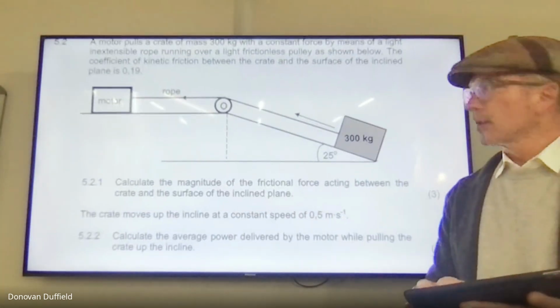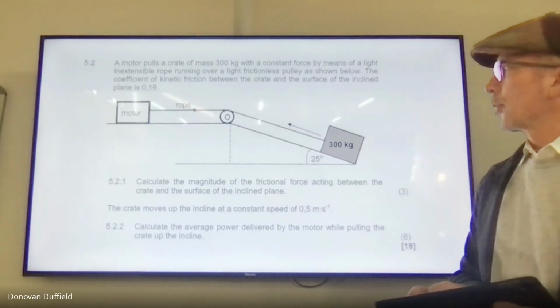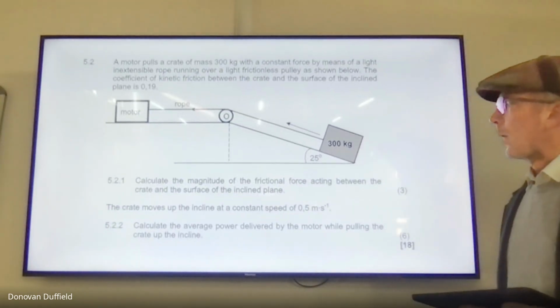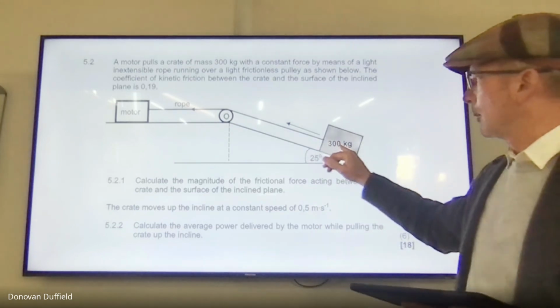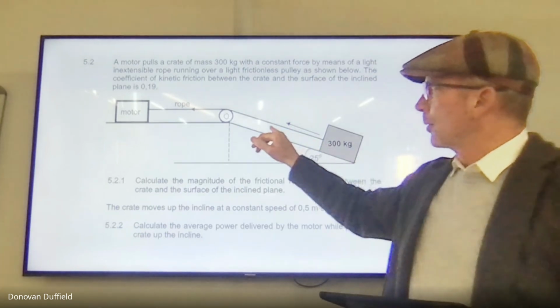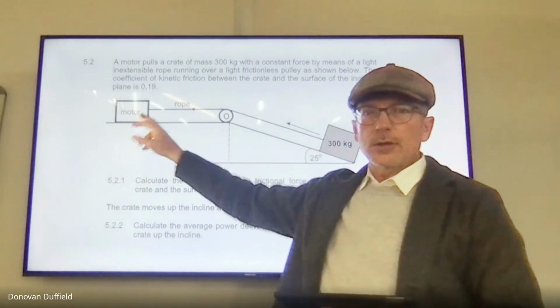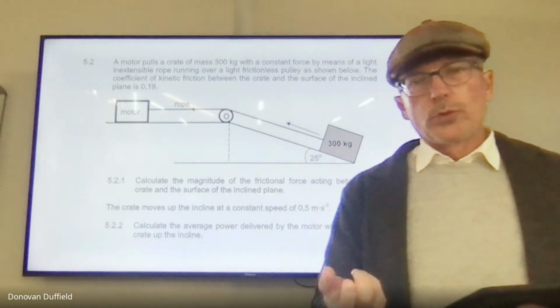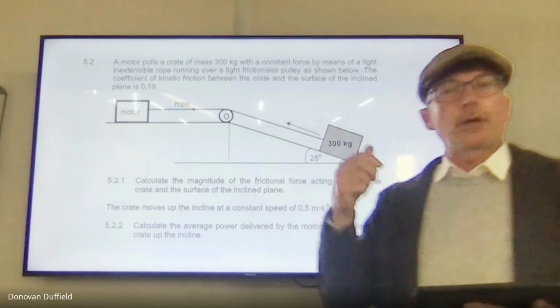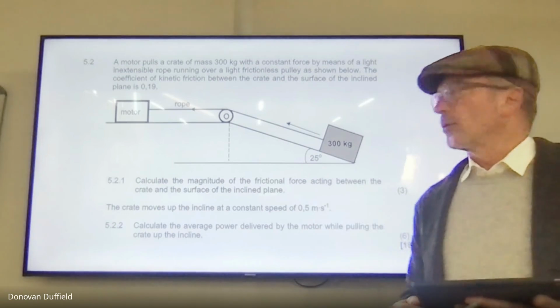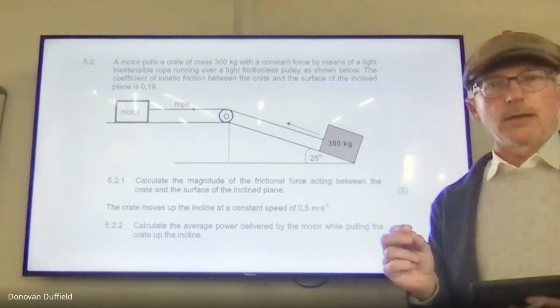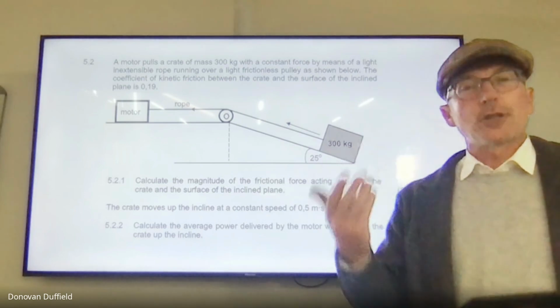If, for instance, you're dealing with a problem like this, where an object is being pulled by means of a cable up a slope, then the motor is applying a force, a non-conservative force. Remember, an applied force, a tension force, these are all non-conservative forces. They don't conserve mechanical energy. They change the mechanical energy.